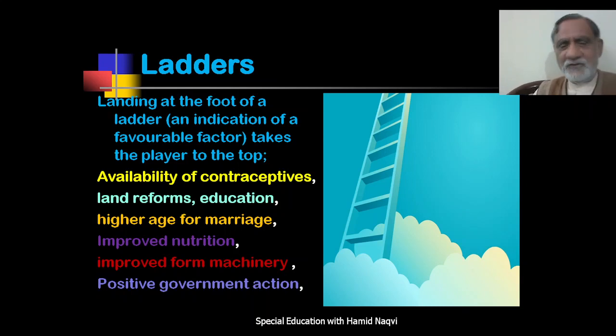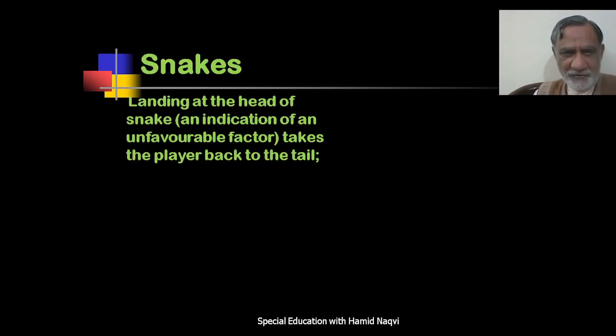And positive government action, good policies from the point of view of population, where there are disincentives for larger families and incentives for smaller families. They are ladders. So the students, while playing this ladder and snake game, would learn these are favorable factors from our point of view.